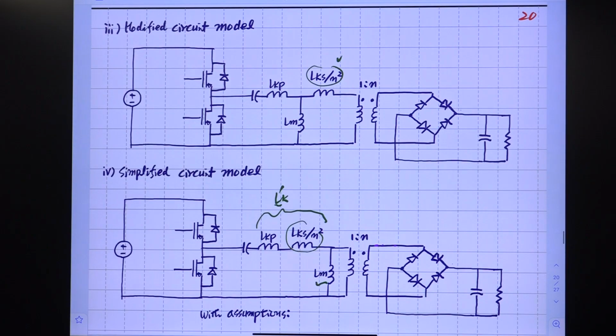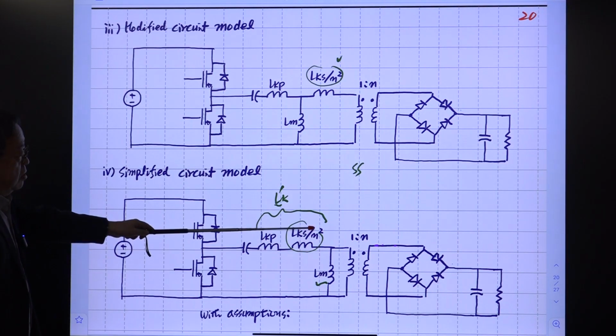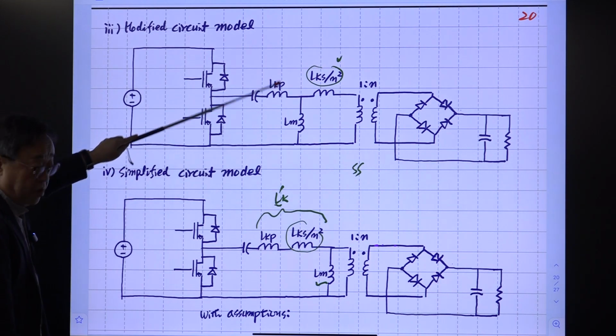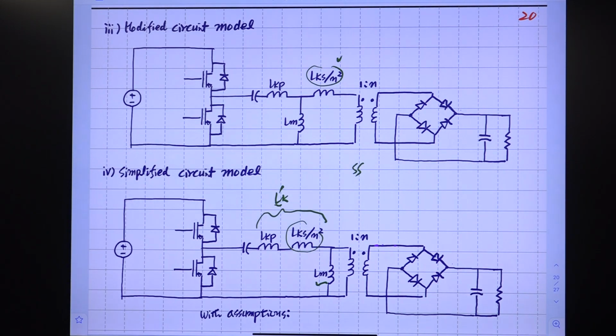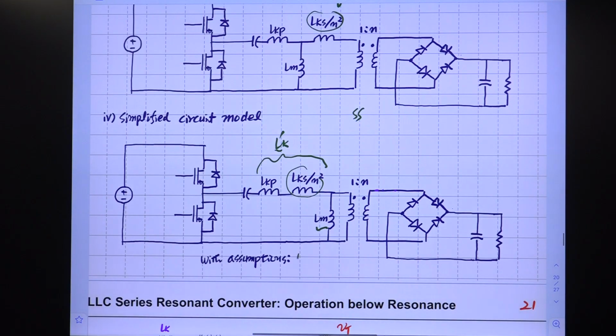Then we have an approximation here. This is the exact one. This can move out here if these two conditions are satisfied. Those two conditions are: Lm is much larger than Lleakage in the secondary side.